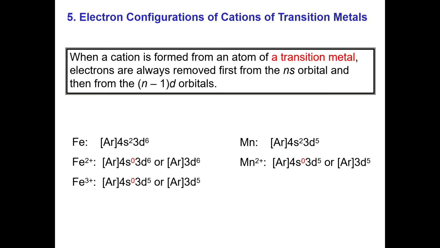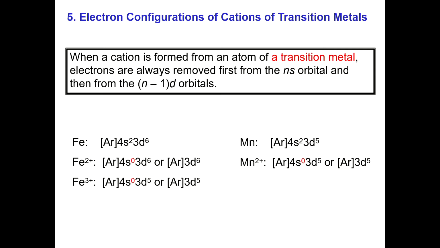For example, for iron, which is a transition metal, electrons are always removed first from the ns orbital, and then from the n-1 d orbitals.